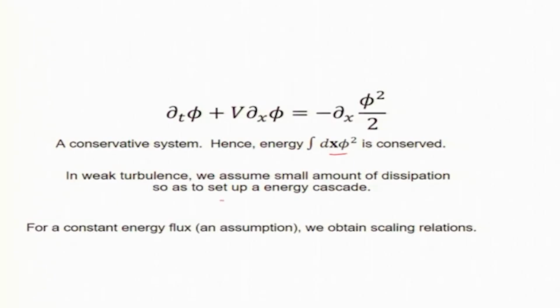This part I just said, a small amount of dissipation to set up a cascade, and most of the derivation which is done in weak turbulence theory assumes that the cascade energy flux is constant, and using this constraint we can derive the energy spectrum. Okay. So, that is a typical framework, that is how we do it. Basically the energy spectrum and scaling relations are obtained, and I am going to show you how to do it, it is not very complicated.